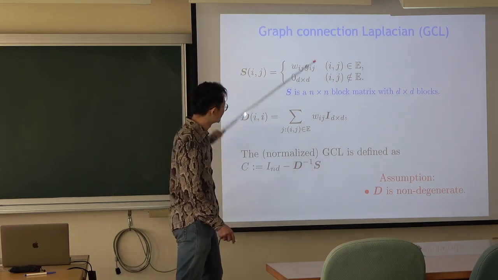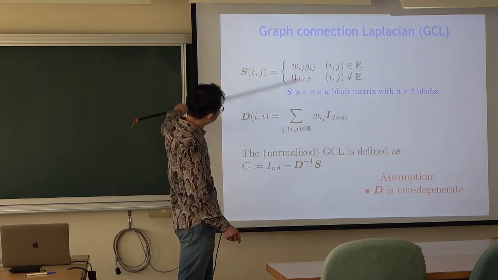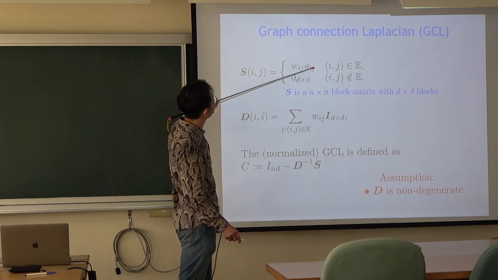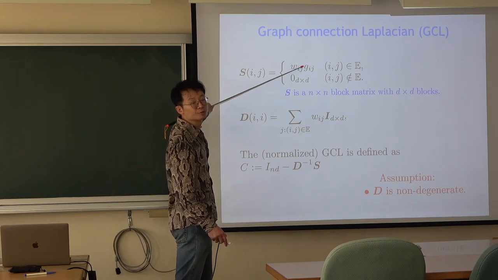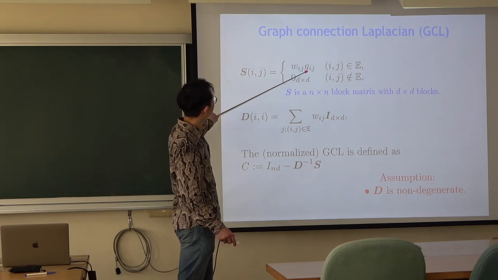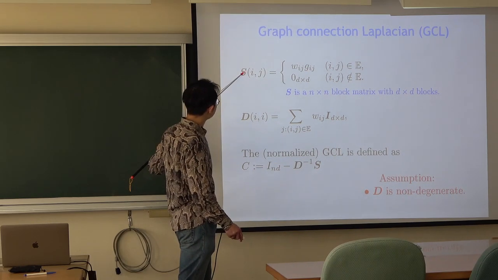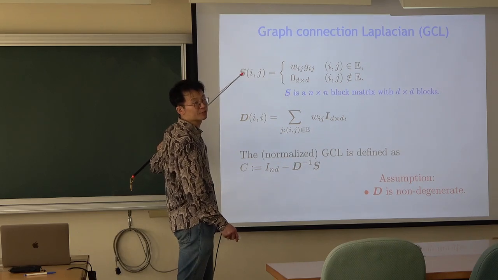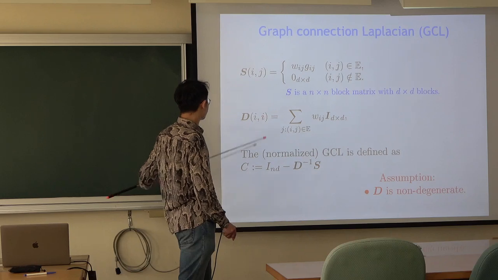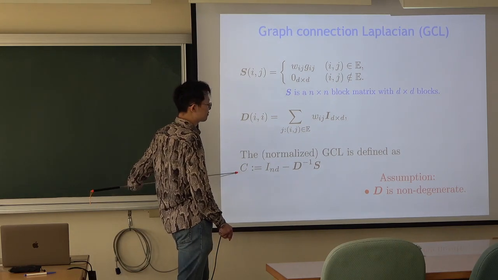So now let's take a look before we continue. Imagine that Gij is 1. Suppose Gij is just 1. Then you see the S matrix is reduced to the W matrix we had before in the diffusion map, right? And then this is reduced to the graph Laplacian.